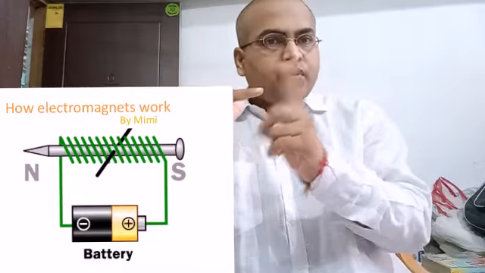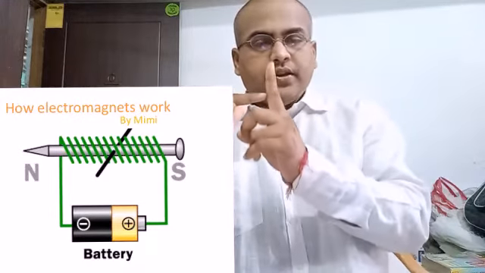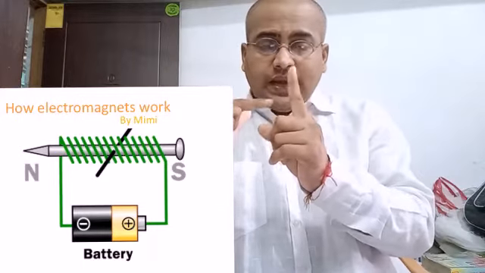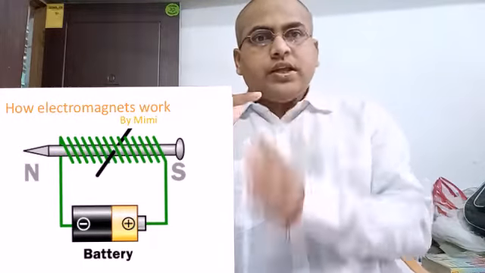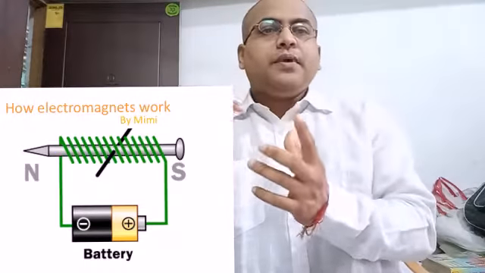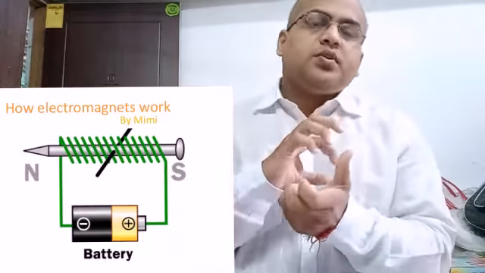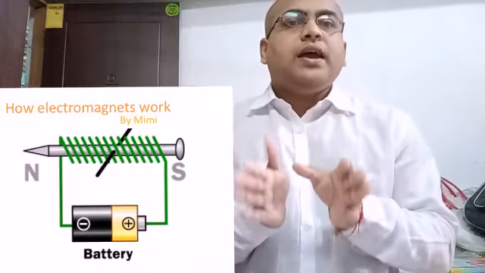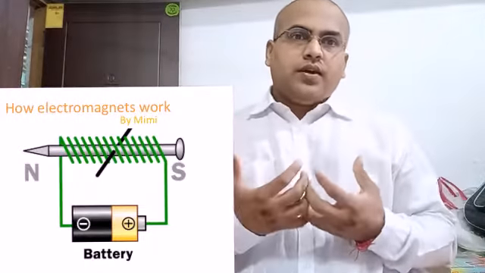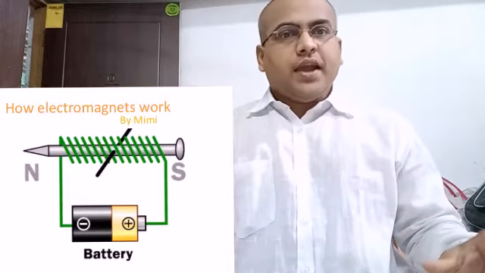But whenever it moves towards the gong, the contact between the screw and the strip is broken. So the circuit breaks here, and the current flow is disturbed, and the coil of wire turns into a normal piece of wire. There is no electromagnetic effect.